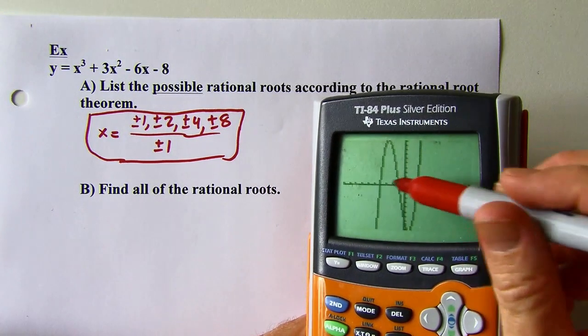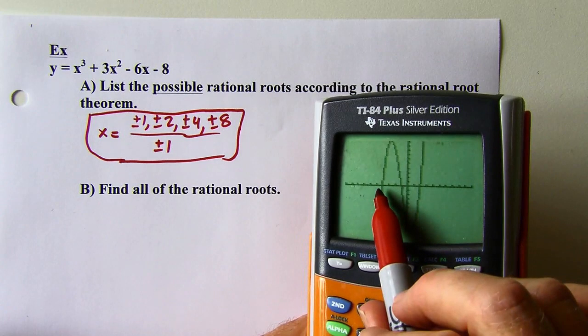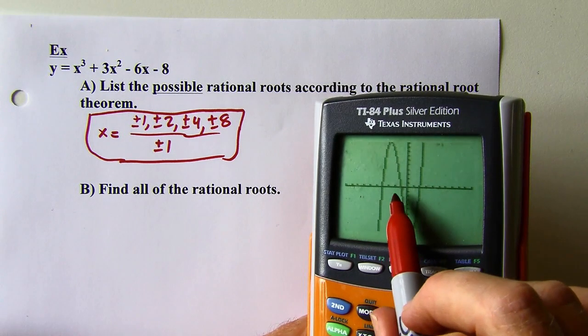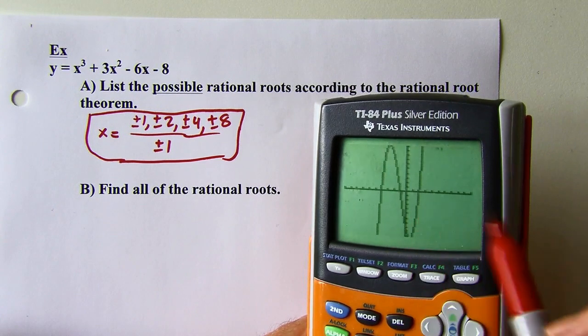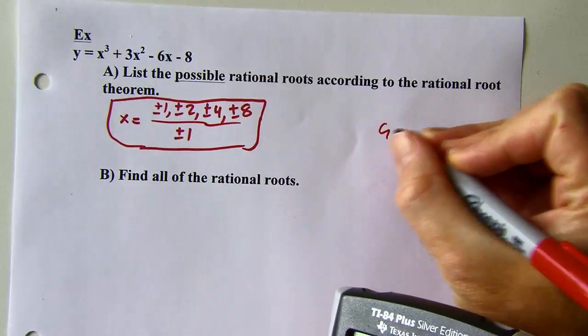Okay, so now I've got some good candidates here. I'm looking at the x-intercepts. It looks like it crosses at -4, -1, and +2. All of those would be on this list. So here are my guesses.